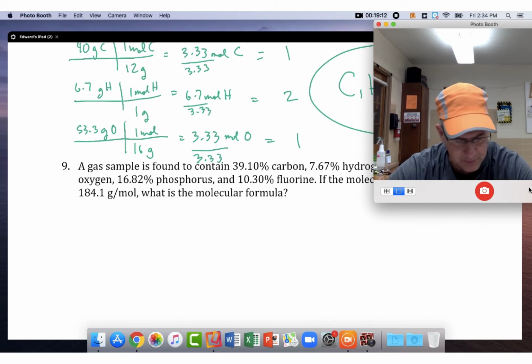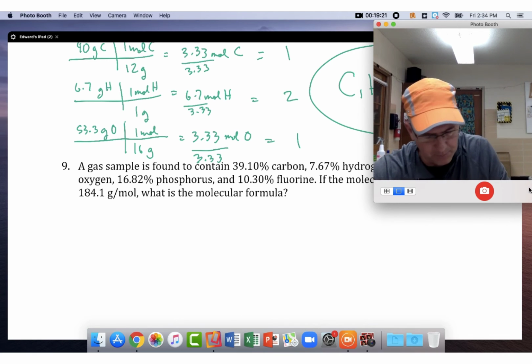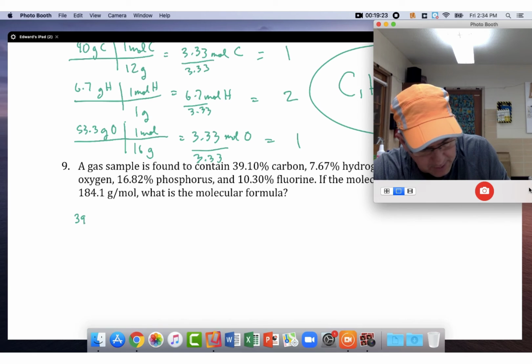The gas sample has, blah, blah, blah. Okay, so we have the same idea as before. Let's set it up just like we did before. So we have 39.10 grams of carbon, and we put 12 grams on the bottom, 1 mole on top. That is carbon.